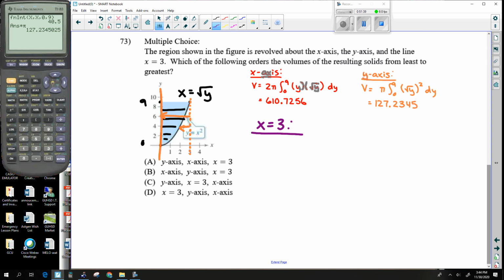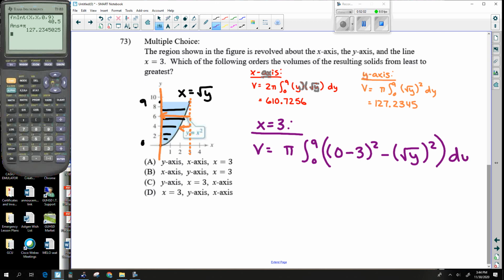All right, so again, this is still vertical, so this is dy, which is what we want. So this is going to be pi integral from 0 to 9 of the big radius, which is 0, minus the new axes, which is 3, squared, minus the square root of y, squared, dy.